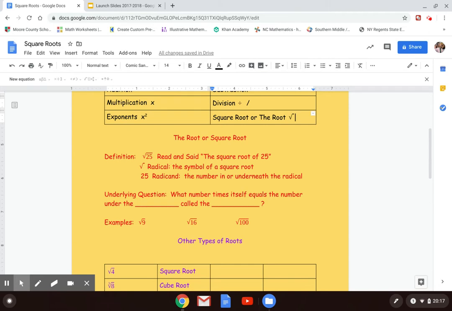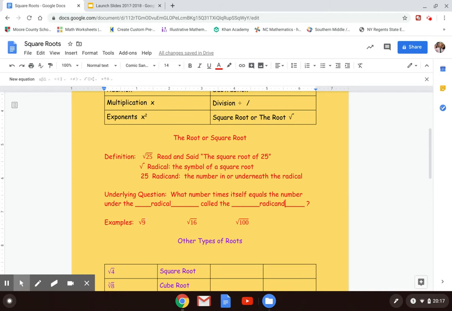So the underlying question for a square root is, what number times itself equals the number under the radical, called the radicand? That's what we are trying to solve here.